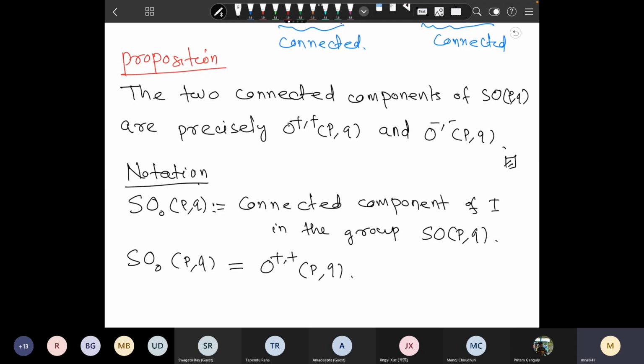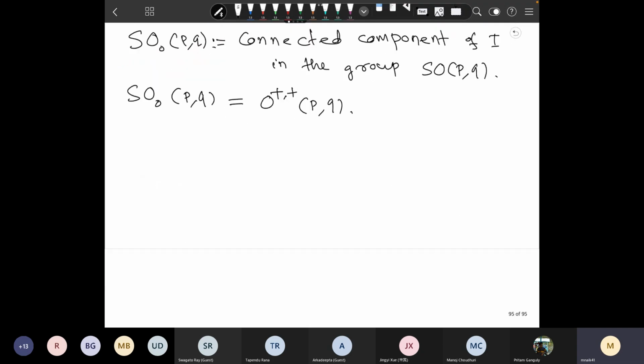Now I will finish this pseudo-orthogonal group by giving you an exercise.